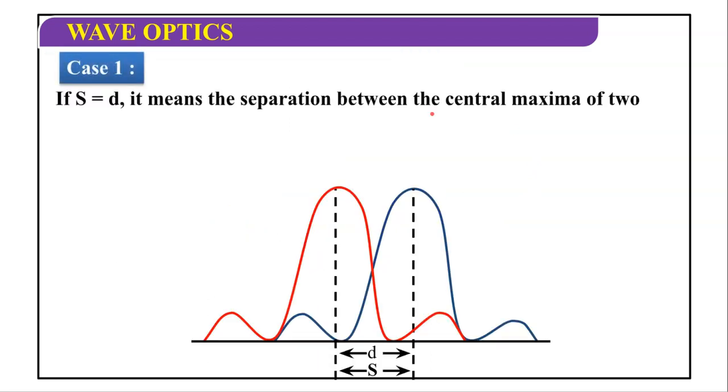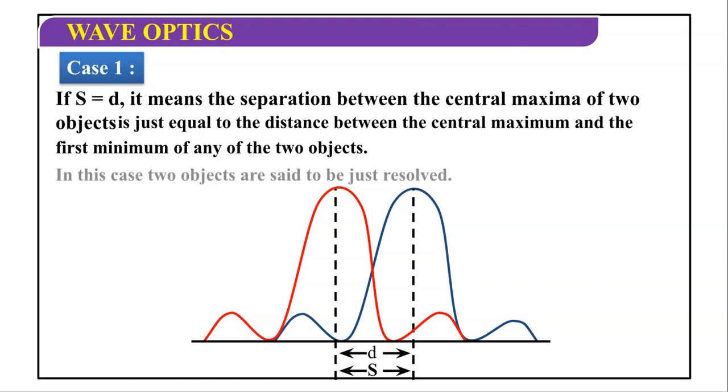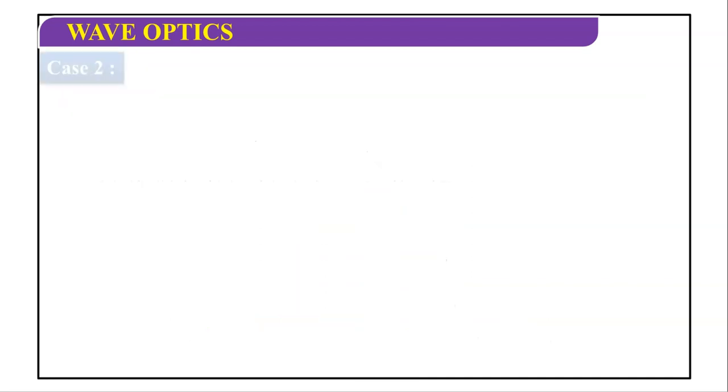Case 1: if S is equal to D, it means the separation between the central maxima of the two objects is just equal to the distance between the central maxima and the first minima of either object. In this case, the two objects are just resolved.